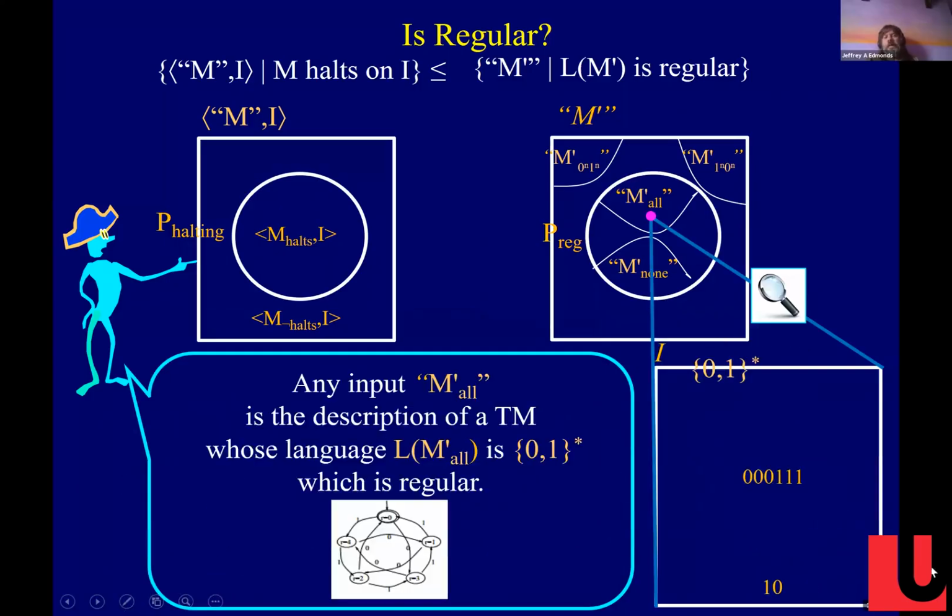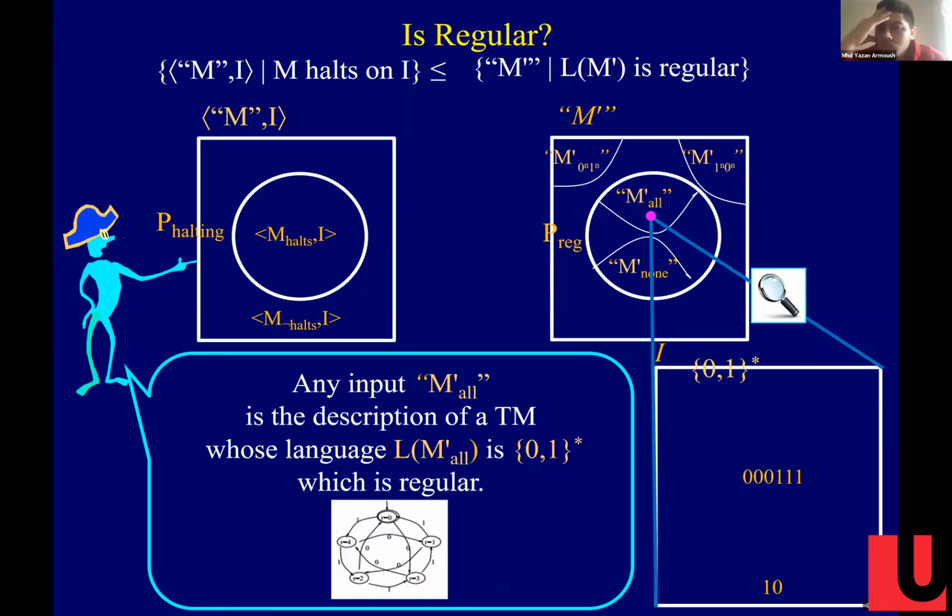All right, so anyway, let's go over to these ones. What does this Turing machine do? We're calling it the all Turing machine because it halts on everything. The language of this machine is the everything language, and the everything language is regular, so it's a yes instance for our oracle.